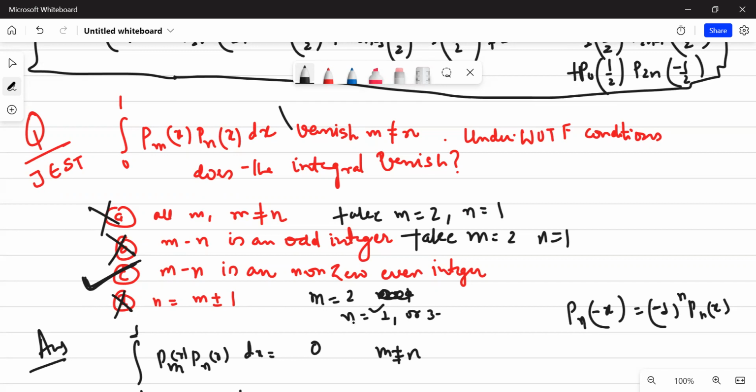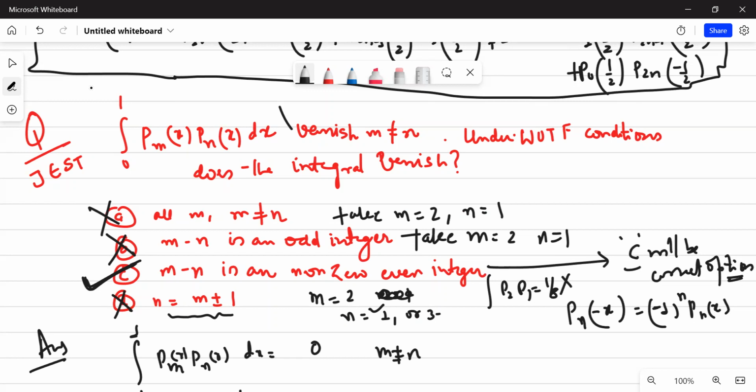If you take m equal to 2 and n equal to 1, this will satisfy this particular option, no doubt. But we know that the integration of p2, p1 is coming out as 1 over 8. So certainly this is also not true. In any case, option number C will be the correct option.